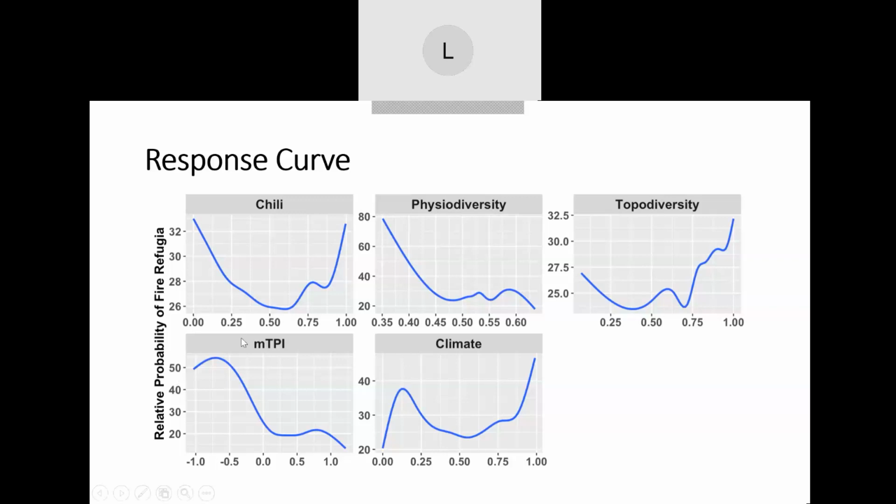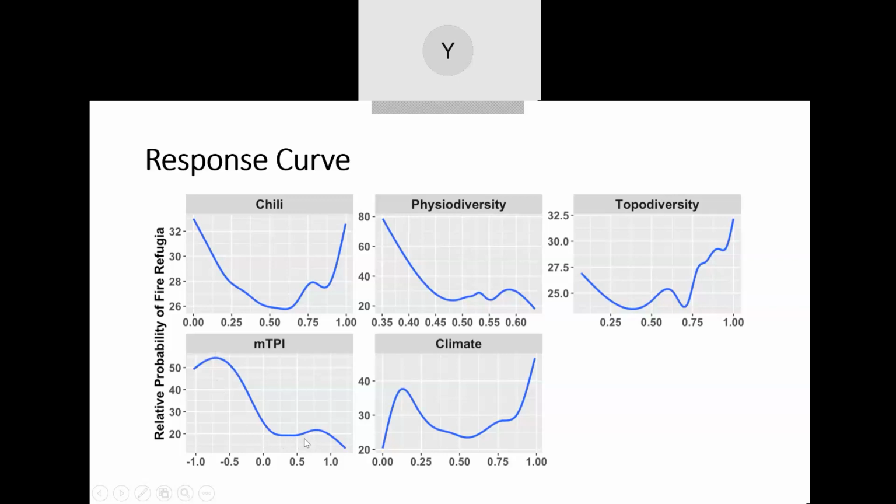Similarly for MTPI, the lower values are usually the lower valley bottoms, narrow valleys. Those have high probability to be refugia, while those higher slopes are less likely to be refugia.